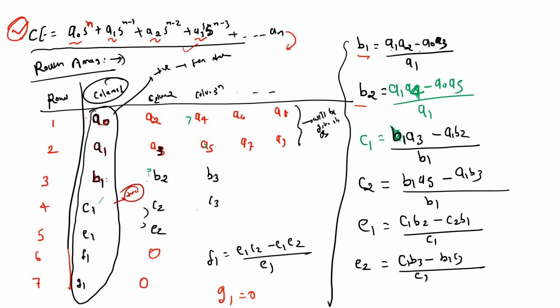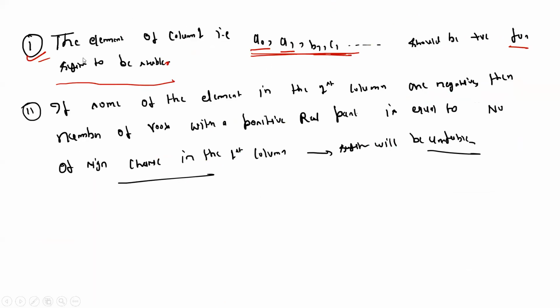After that, to make the Routh array, we have to calculate the values of b1, b2, b3, c1, c2, c3, e1, e2, f1, g1, and so forth. So we calculated the values of b1, b2, c1, c2, e1, e2 with the help of this particular formula. Then I was telling you about the elements of the first column, that a1, b1, c1 should be positive for the system to be stable.